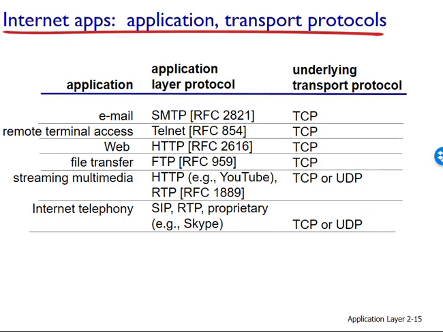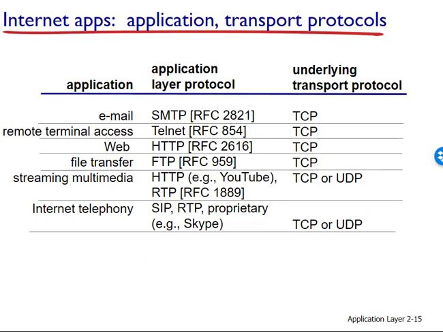UDP is a bare-bones, lightweight transport protocol providing very few services. UDP is connectionless, so there is no handshaking before the two processes start to communicate. UDP provides unreliable data transfer service.